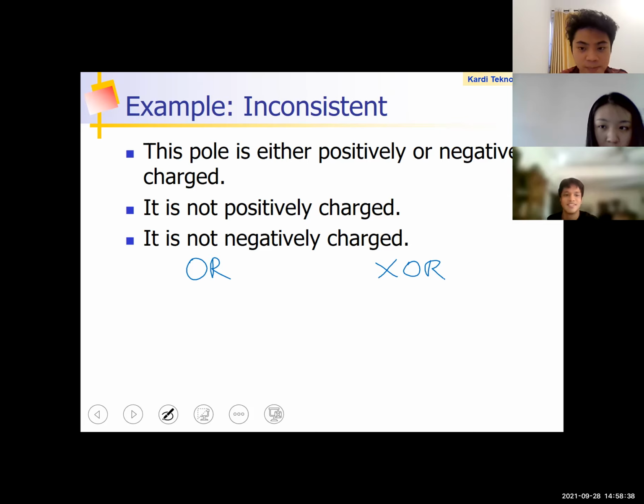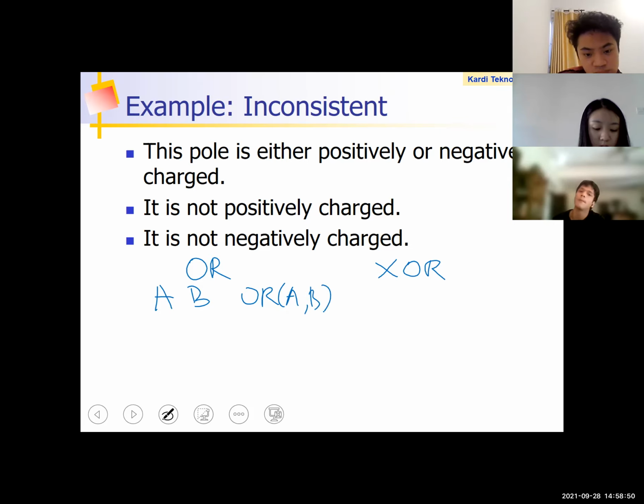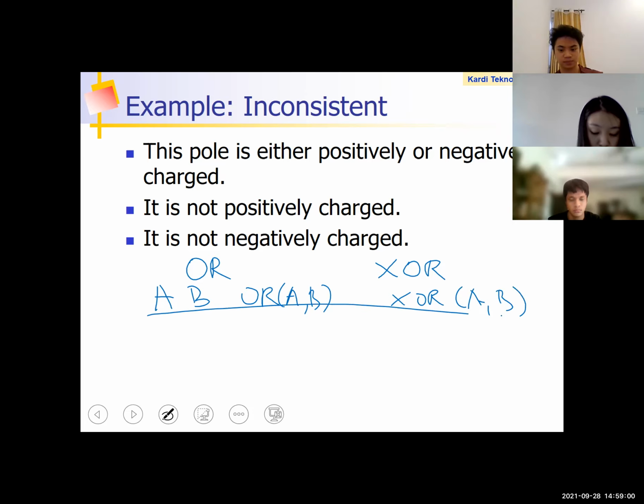Exclusive or. Okay, so say you have A and B, and then you have OR of A, B. Now you also have XOR, exclusive or, of A, B. So A is either true, true, false, false. B is true, false, true, false.